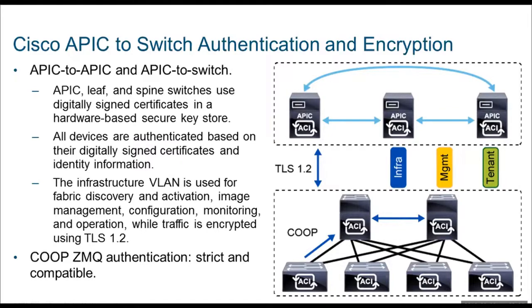And of course, after that, we have the IFN channel communication, which takes place for image management, configuration, like policy updates, endpoint declaration, all kinds of OpFlex, statistics collection, telemetry information, all of that is encrypted using TLS 1.2.